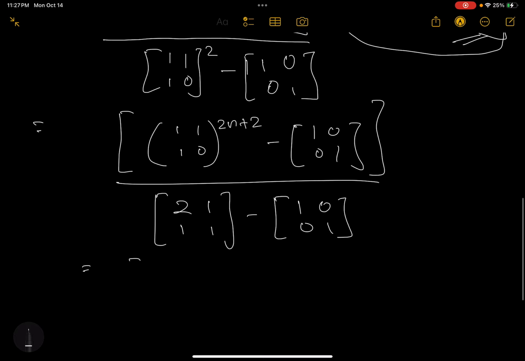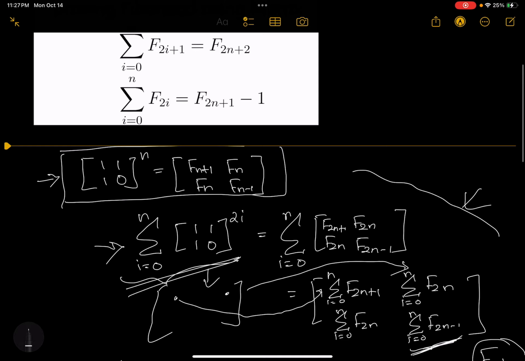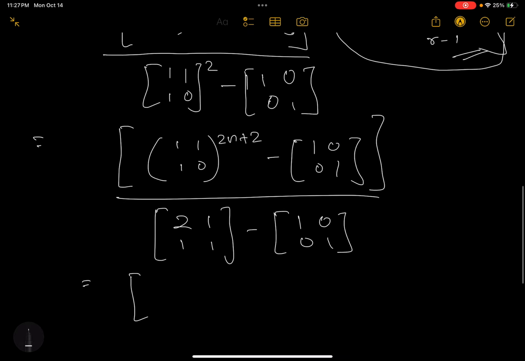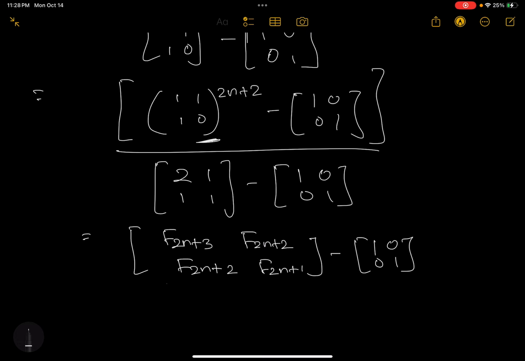Now we know from the same formula that we had in the beginning, if you use this formula, we can find the nth power of this matrix, right? The nth power of this matrix over here will be f2n plus 3, f2n plus 2, f2n plus 2, f2n plus 1, minus 1001, divided by this thing over here, which will just be 1110, right?